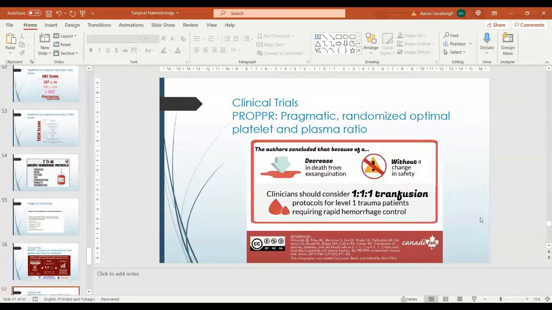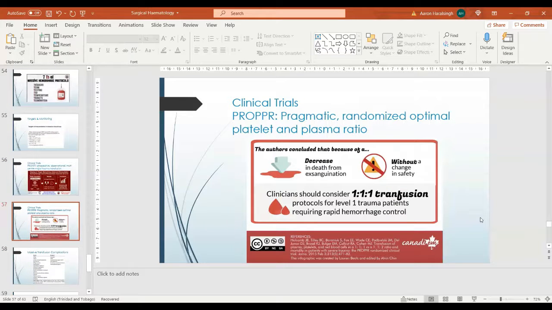And then we have the PROPER trial. The PROPER trial stands for the Pragmatic Randomized Optimal Platelet and Plasma Ratios, where they compared a 1 to 1 to 1 ratio to a 2 to 1 to 1 ratio of red cells to plasma to platelets. They found no difference in mortality after 24 hours.